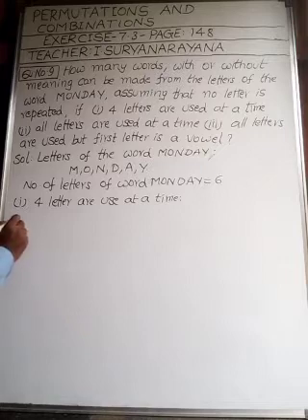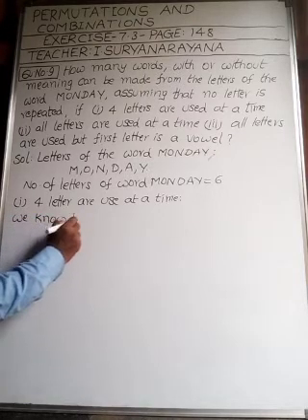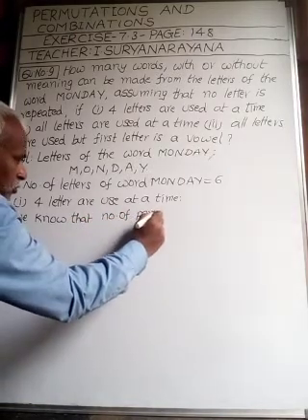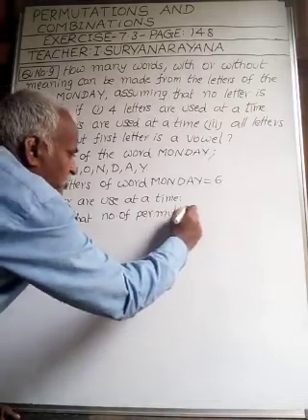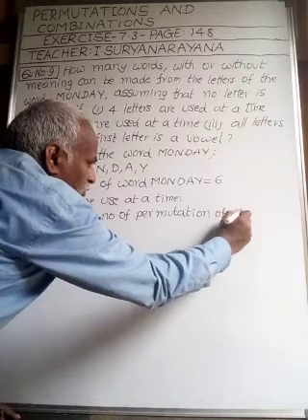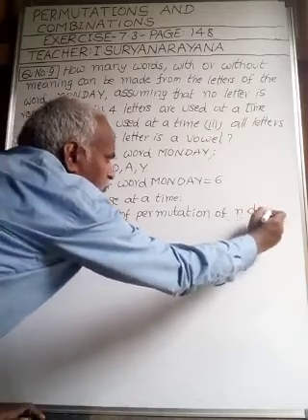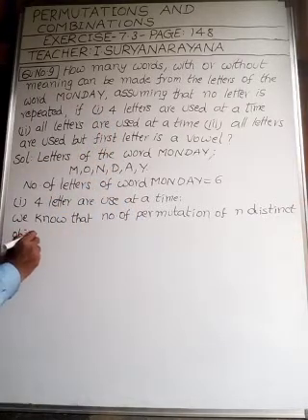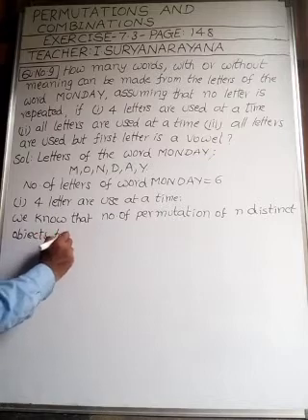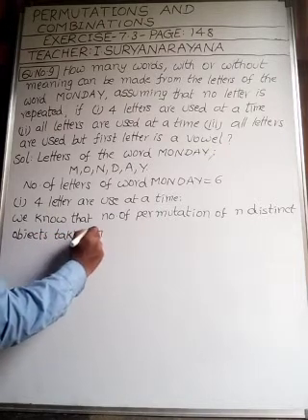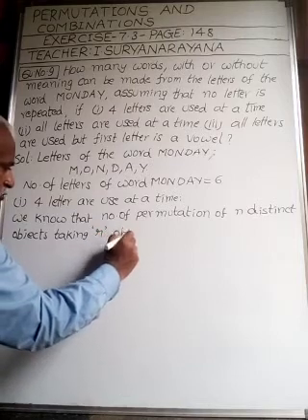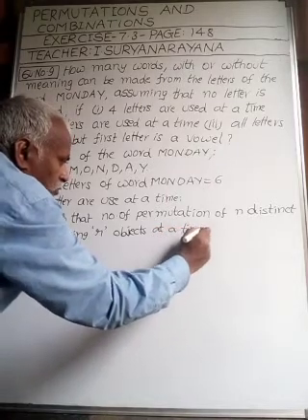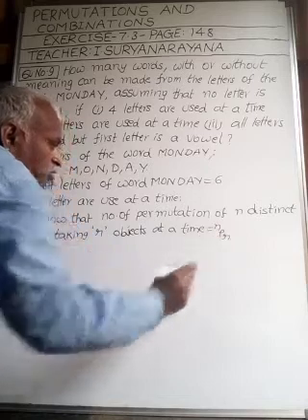So we know that the number of permutations of n distinct objects taking r objects at a time is equal to npr.